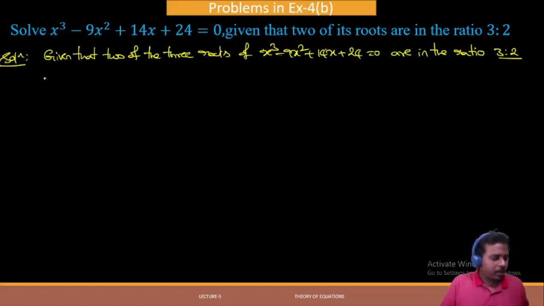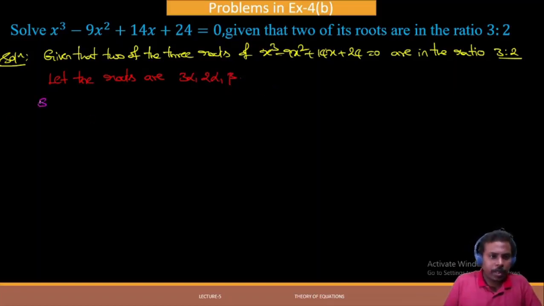So in that case, let me consider my roots as 3 alpha, 2 alpha, beta.